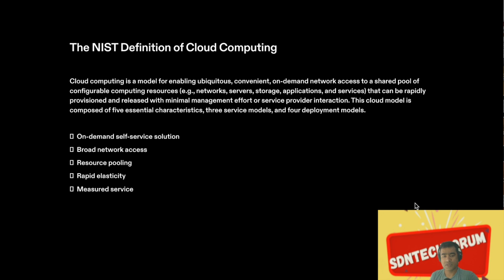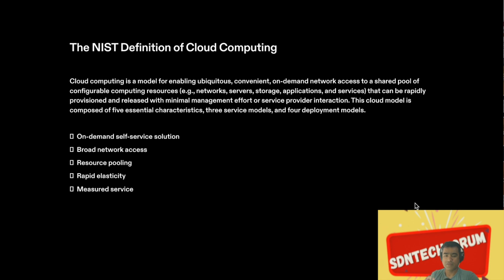And these resources can be network, server, storage, application, or services. Again, these configurable computing resources can be rapidly provisioned and released with minimal management effort or service provider interaction.